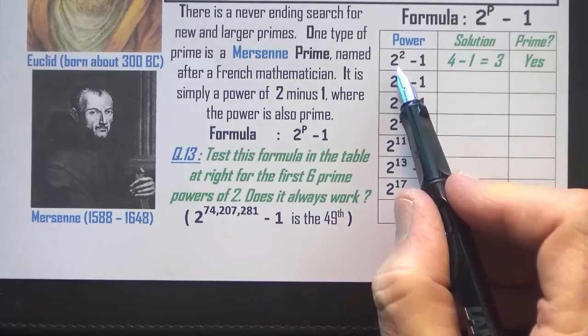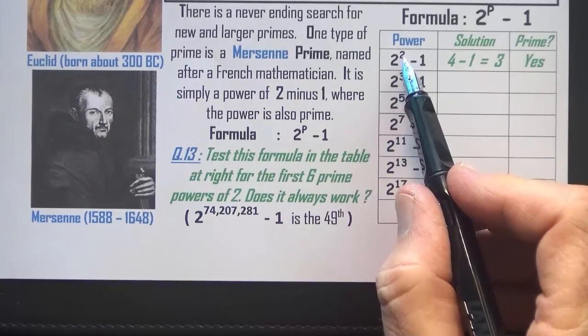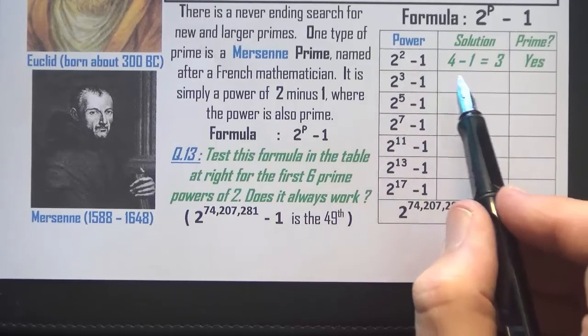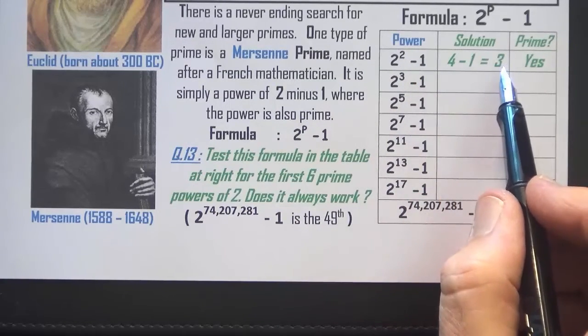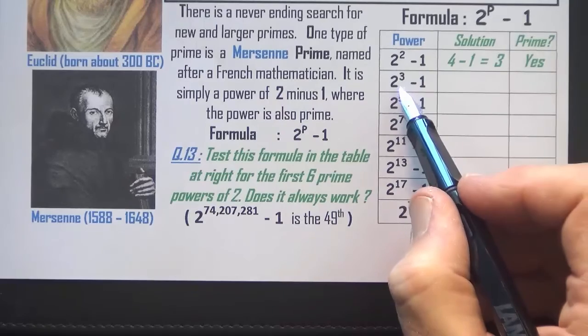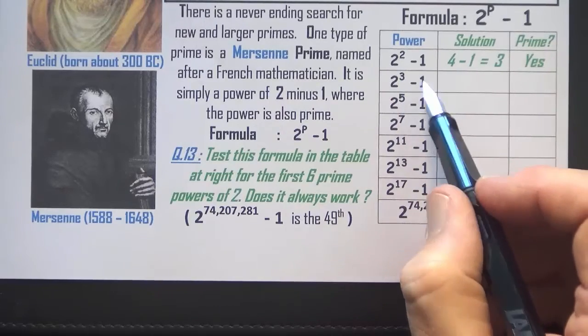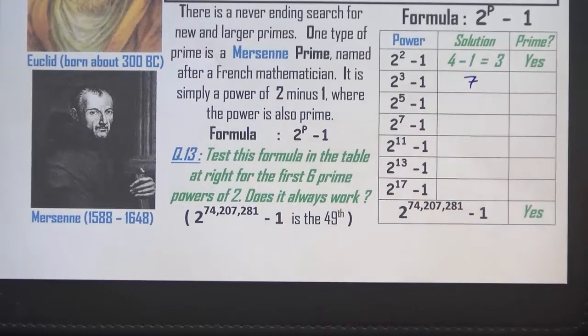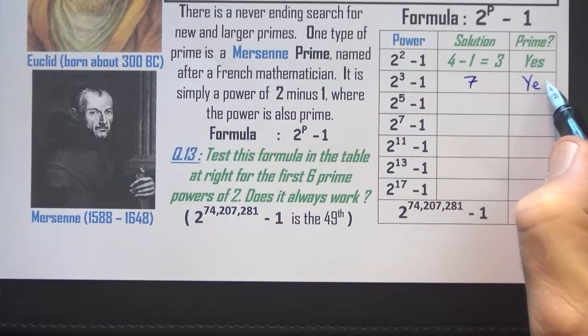I give an example here. 2 to the second power, well that's prime. Minus 1 is 4 minus 1, 3. Is it prime? Yes, it is. 2 cubed minus 1. Well, that's 8 minus 1, isn't it? Which is 7. Is it prime? Yes.